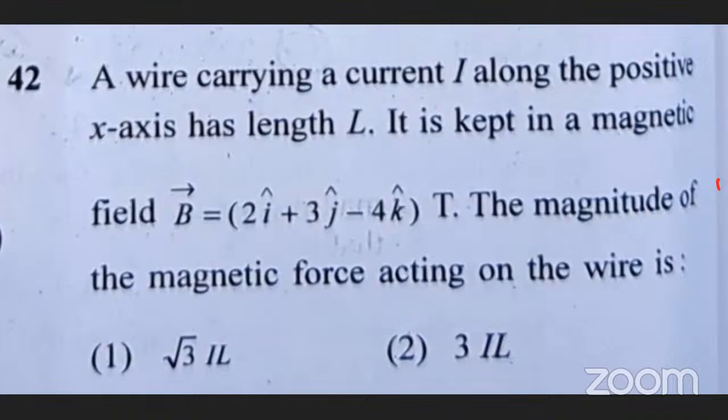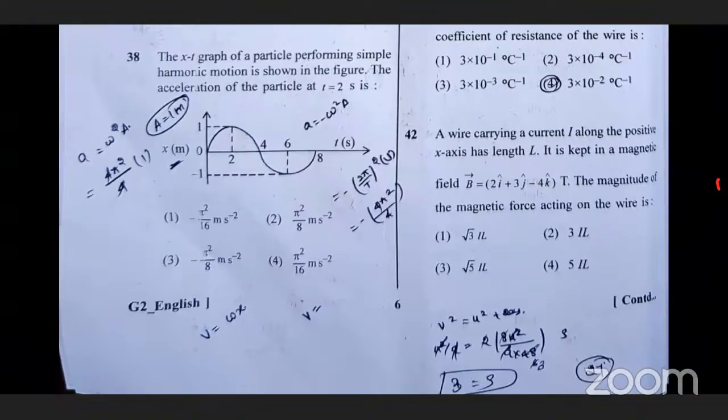The current is going along the positive x direction, and the magnetic field vector is given. So we need to find the magnetic force. We know the formula for the force.